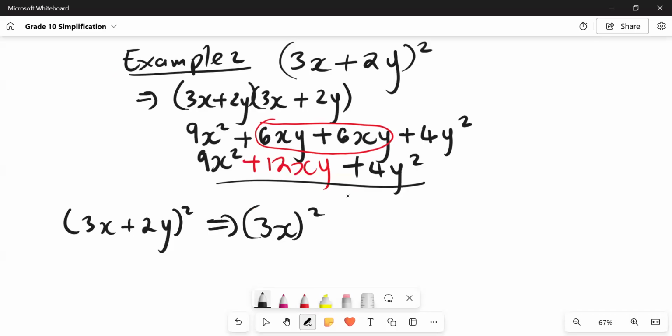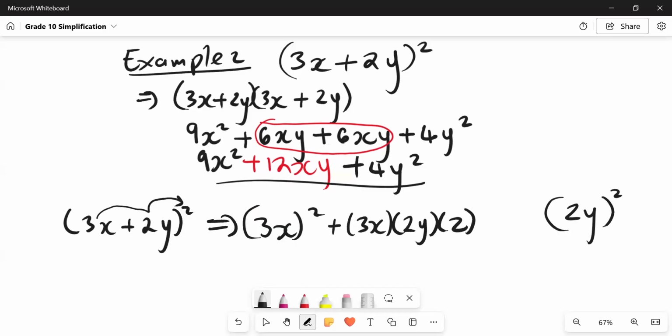Multiply everything. You multiply 3x with 2y with 2 as well. So you'll have your plus, that's 3x times 2y times 2. Then there's a plus. Now, you have to give me the middle term now. Try and simplify this. That's 9x squared when you get rid of the brackets here.